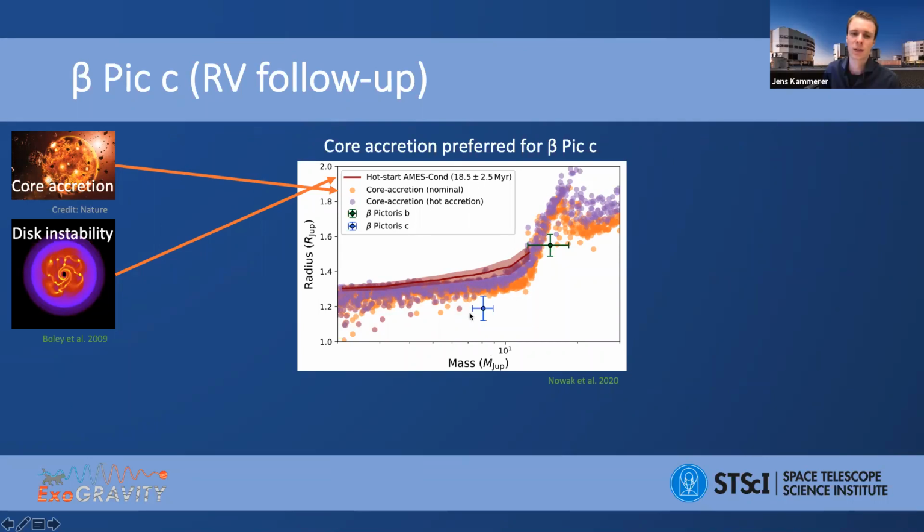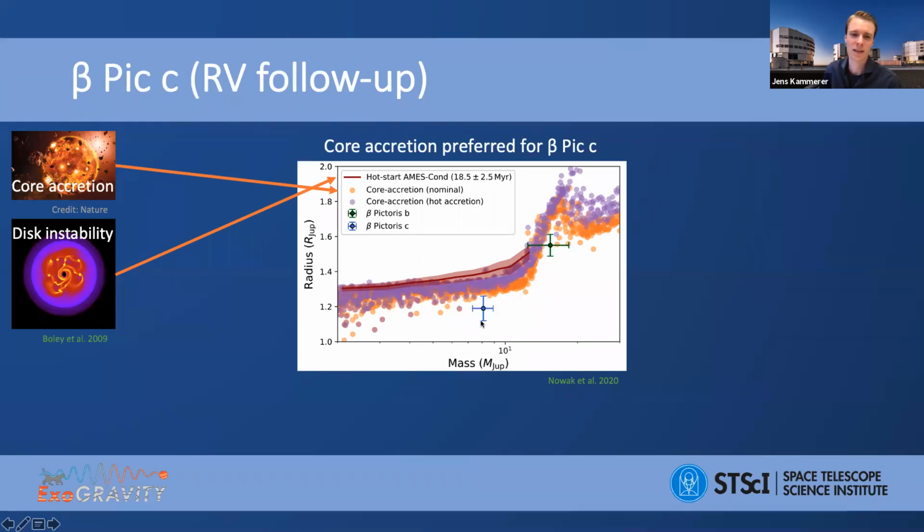No, in this case, we didn't take into account any kind of extinction. So I think the conclusion from Matthias here was that the data point is rather in agreement with core accretion. I mean, the error bars are also relatively large. So I think they didn't interpret that as worrying, and that probably Beta Pictoris C would not agree with the current core accretion models.